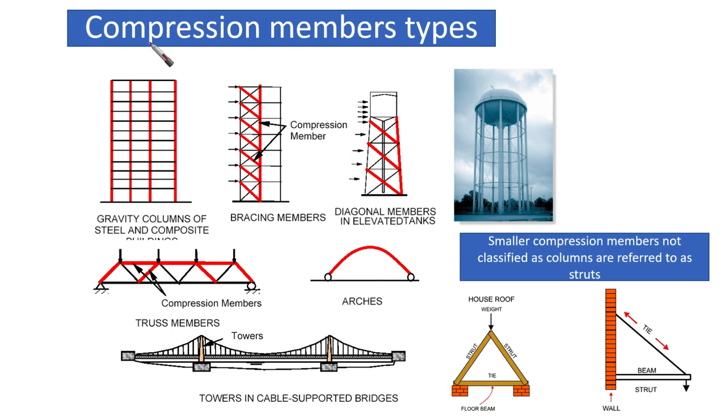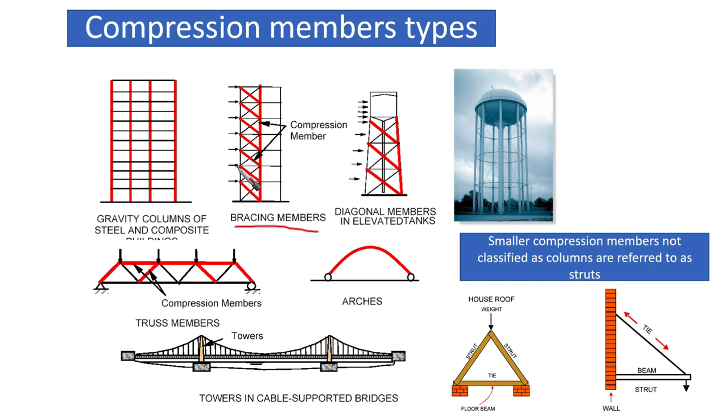Now let's go to the compression member types. We have different types of compression members. You can find these columns in all of the buildings that you can see, gravity columns of steel and composite buildings. You can find them in bracing members, the red ones here, and even this vertical column.